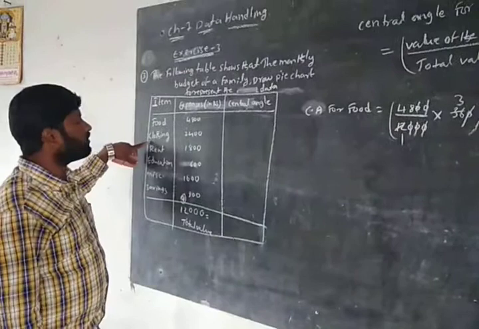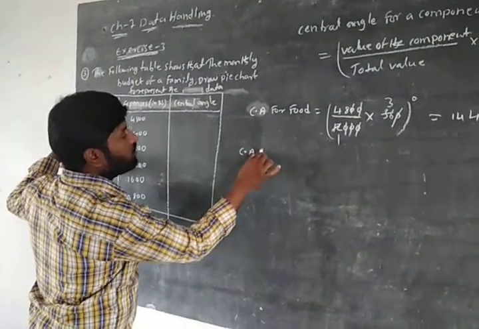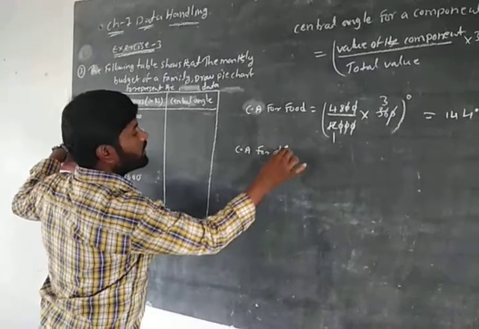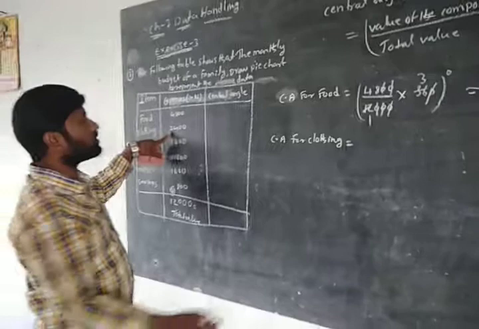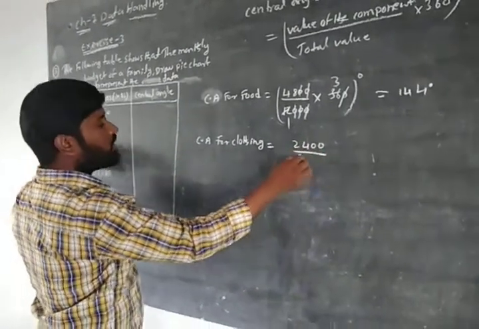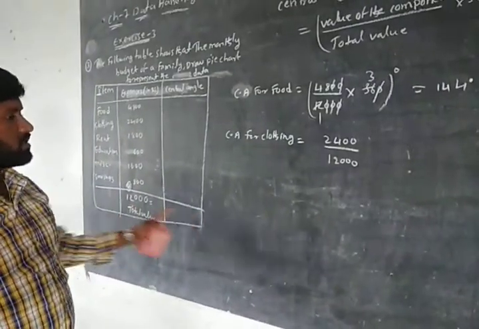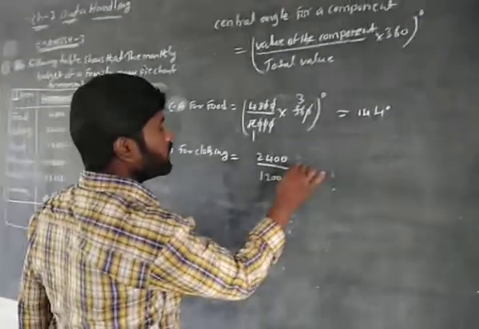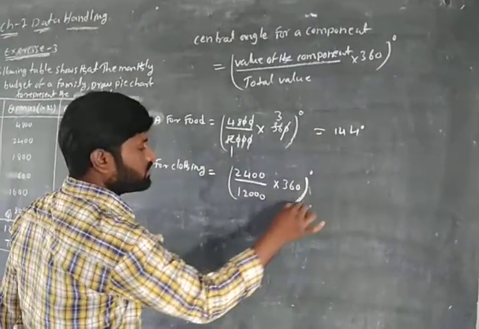Next, central angle for clothing. That is equal to 2400 divided by the total value 12,000, into 360 degrees.